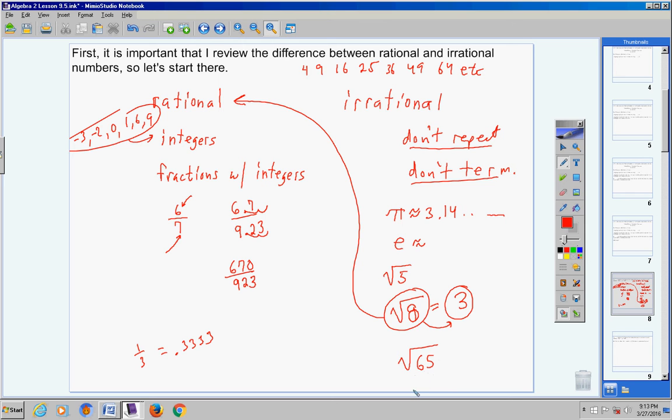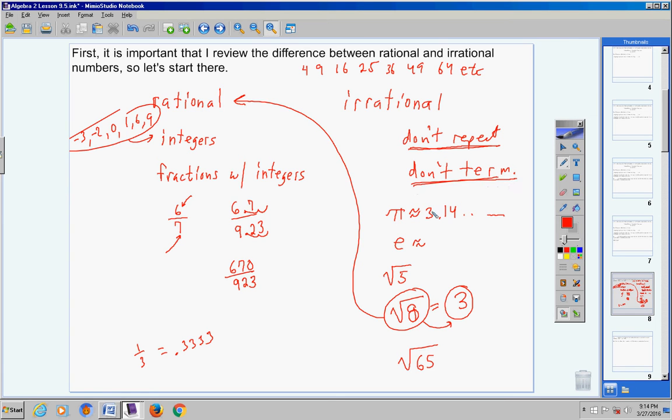I'm going to go over this one more time. We're moving on. Rational numbers are integers, positive, negative, and 0, or fractions that, after you've simplified the fraction, have an integer up top and an integer in the bottom. It's that simple. Irrational numbers are any numbers that don't repeat and they don't terminate.